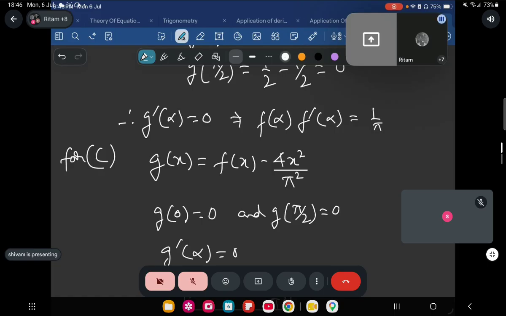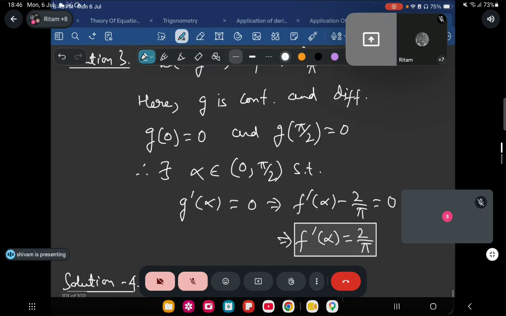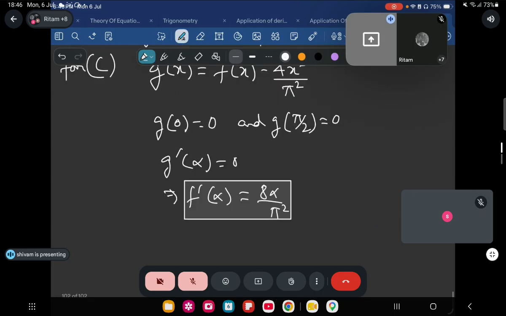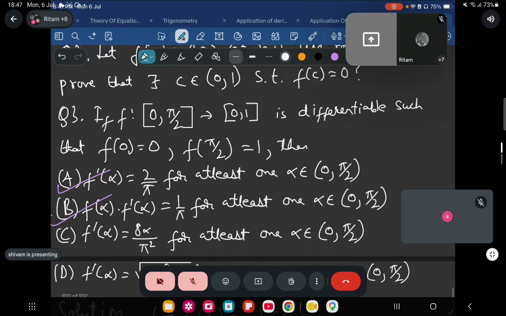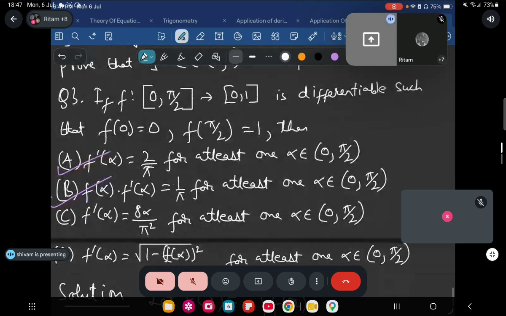Sir, I told you I don't have a camera. What to do? So many problems. In 2026, people are having slow internet, people are having camera issues. Anyway, Ritam, tell me what function we should take for option D.